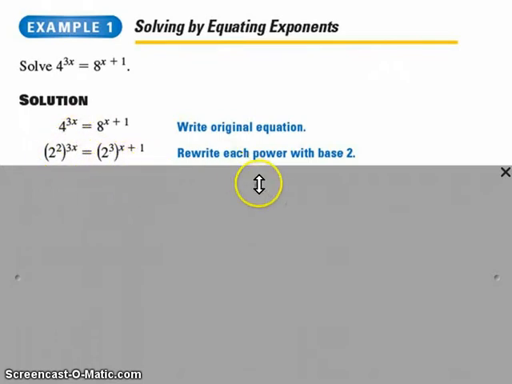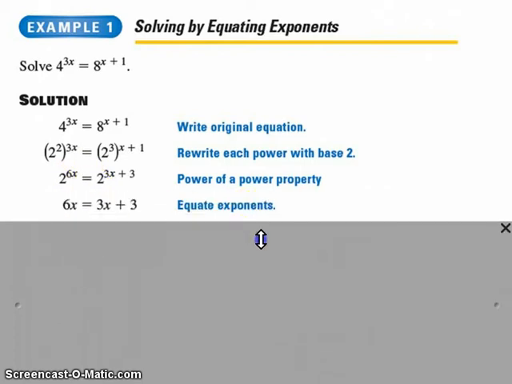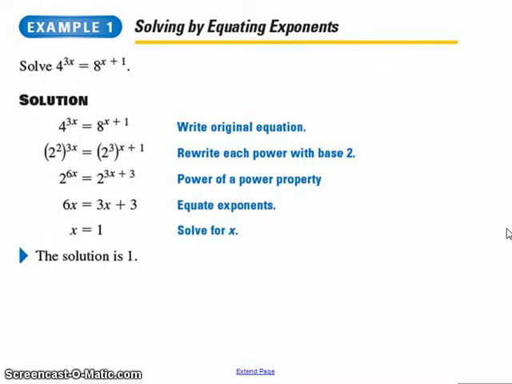So now all I have to do, as the textbook says, is distribute that, multiply the 3x times the 2, and here multiply the 3 times the x plus 1. Now I've got matching bases, and that means, like on the previous example, 6x must be the same thing as 3x plus 3, and then it's a simple algebra 1 problem to solve and to find that x is equal to 1.